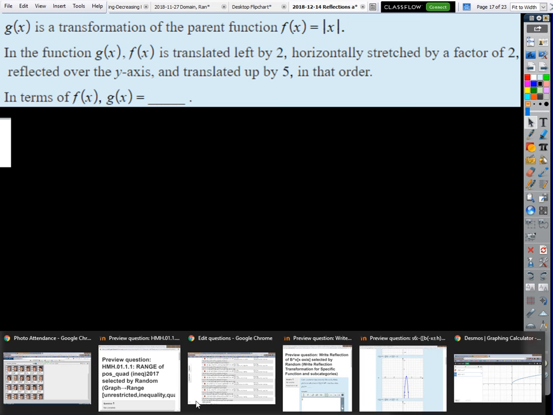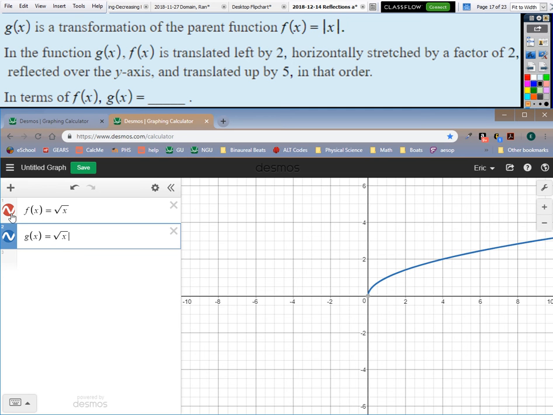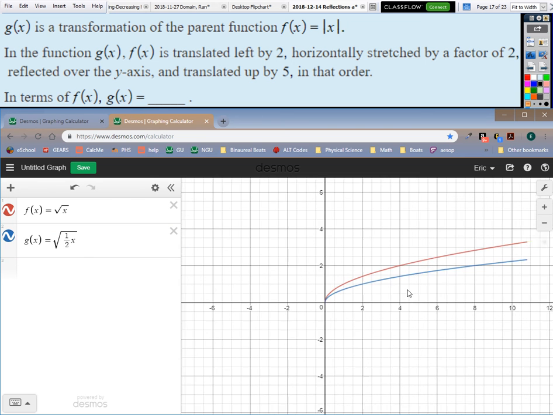This was a major curveball. And you had a good answer. Okay, so here's my parent graph. There's my transformed graph. If I put in a 1/2, what did I do? Well, I stretched everything.